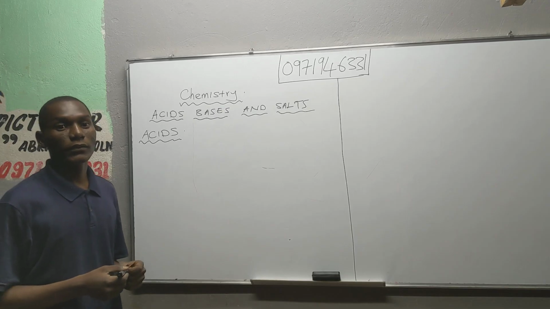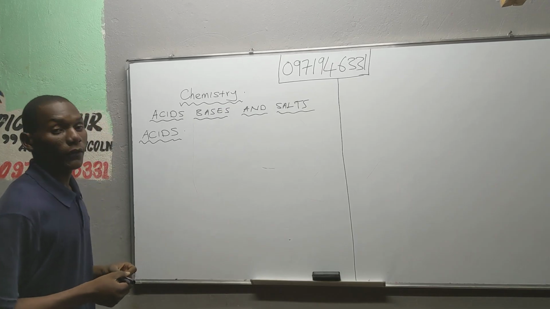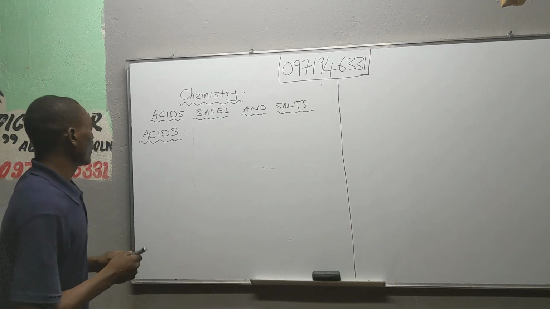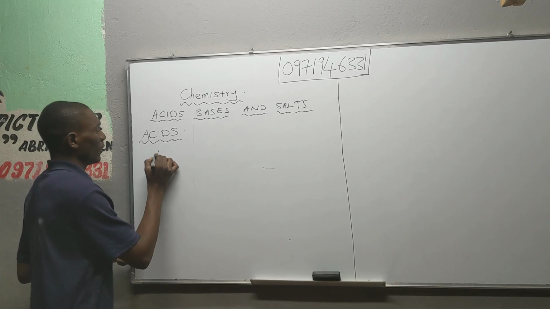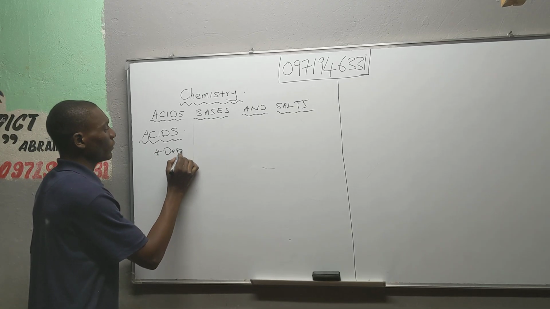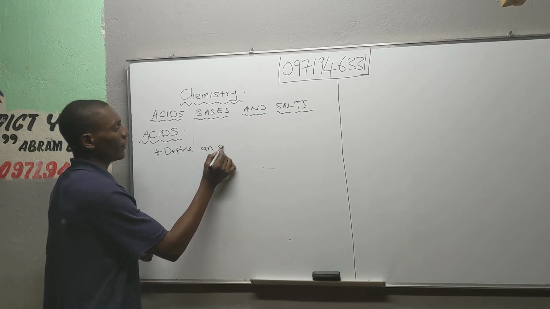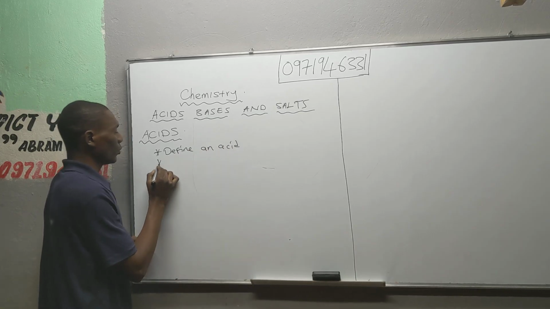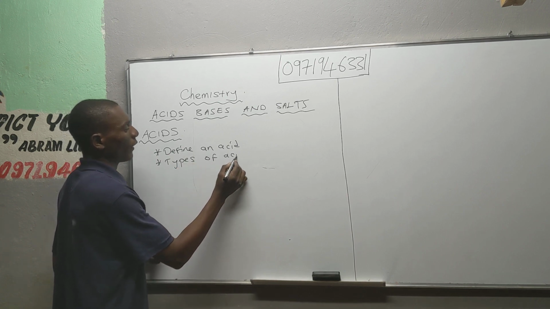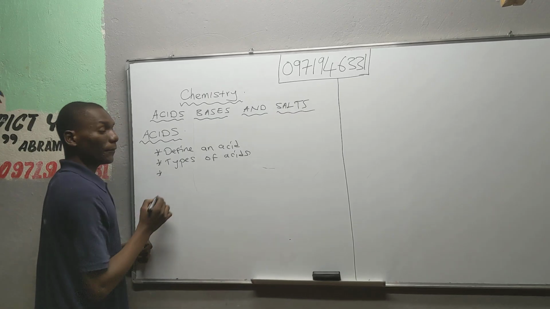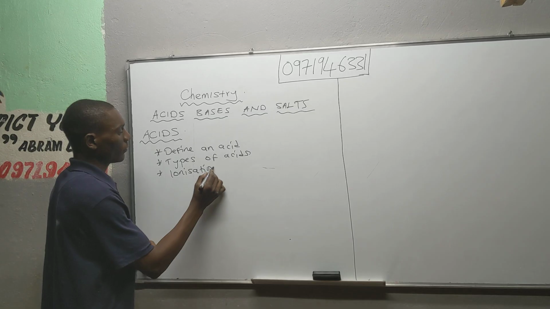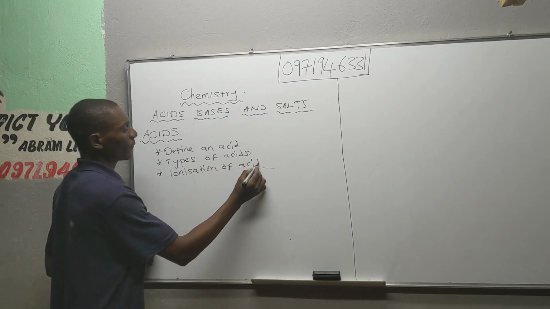Acids, bases, and salts. Our main focus for today is acids. Under acids, the things we're going to look at: number one, we're going to define an acid. Number two, we're going to look at types of acids. Number three, ionization of acids.